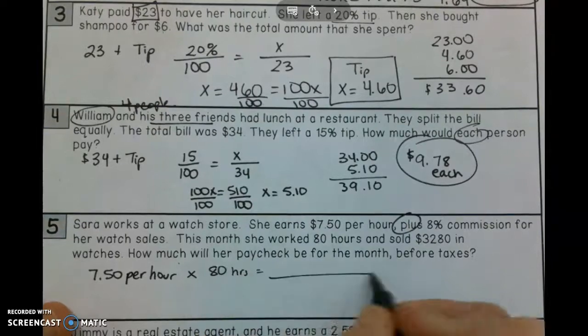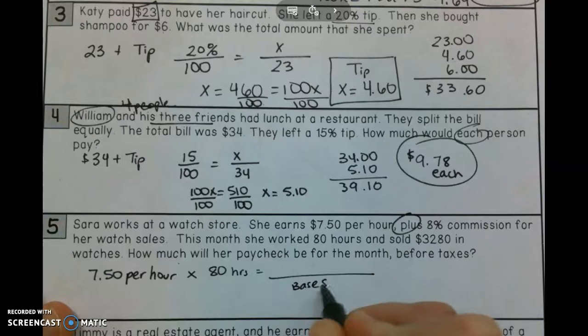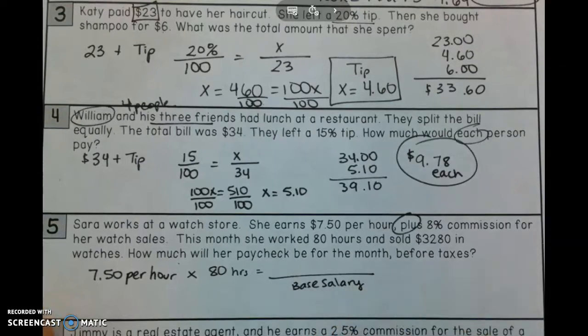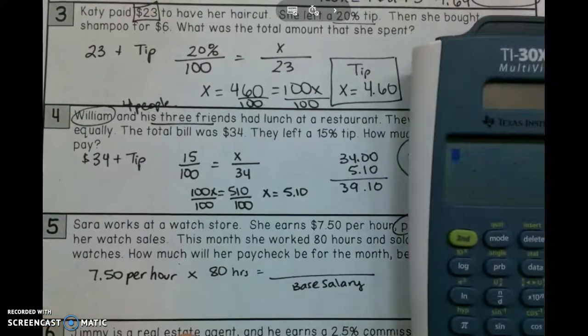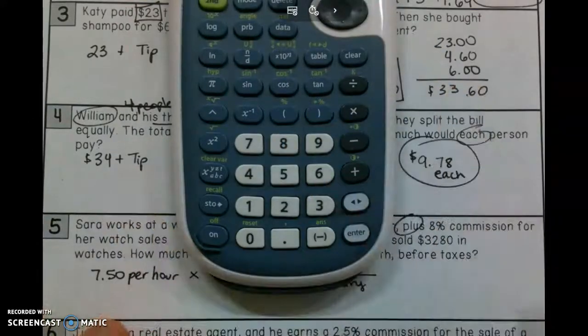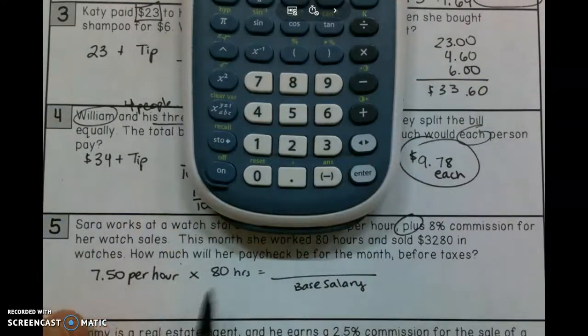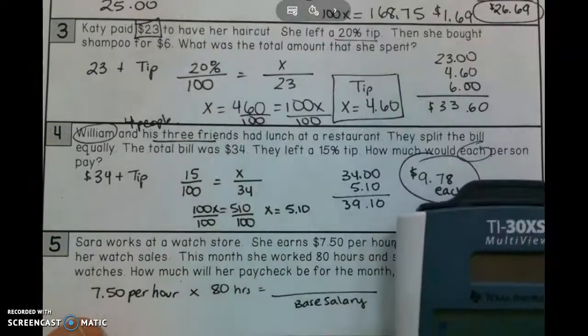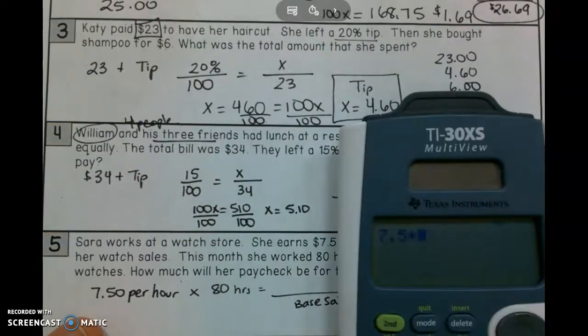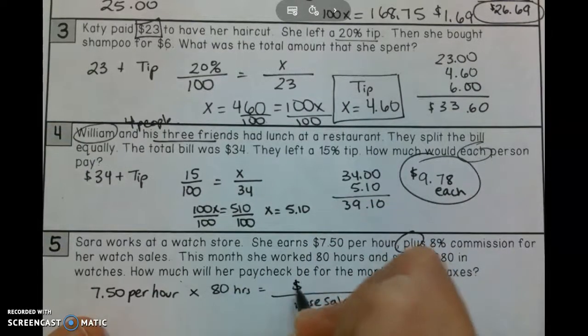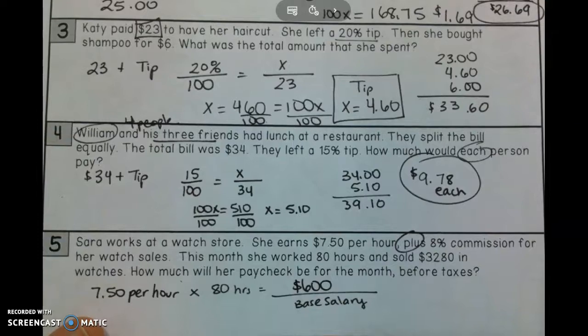That's going to give us her base salary. So that was no matter if she sold anything or not, she was going to earn $7.50 times 80. So 7.5 times 80, that gives me 600. So she makes $600 base salary.